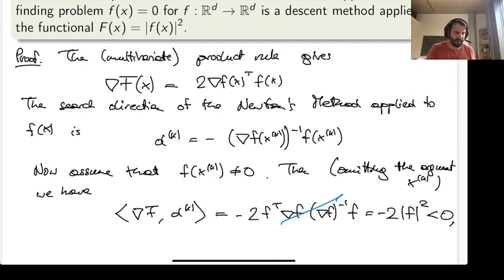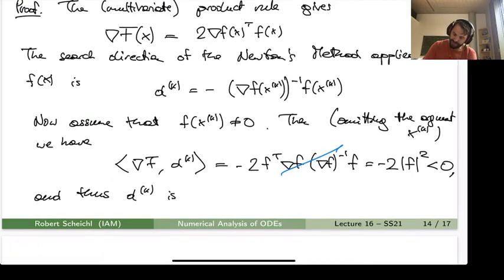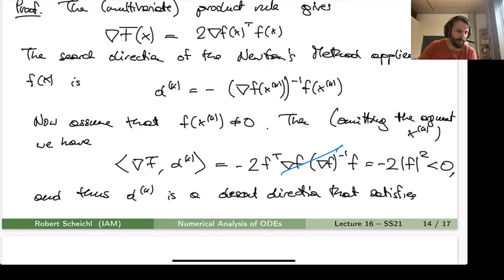And thus, I need to check this, and thus dk is a descent direction that satisfies 4.6.